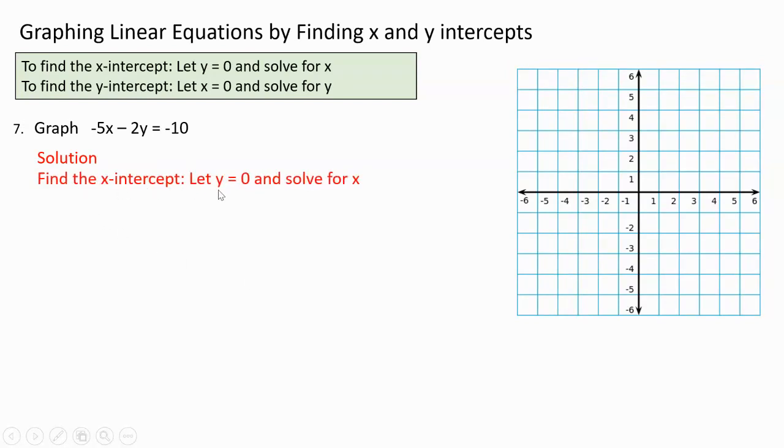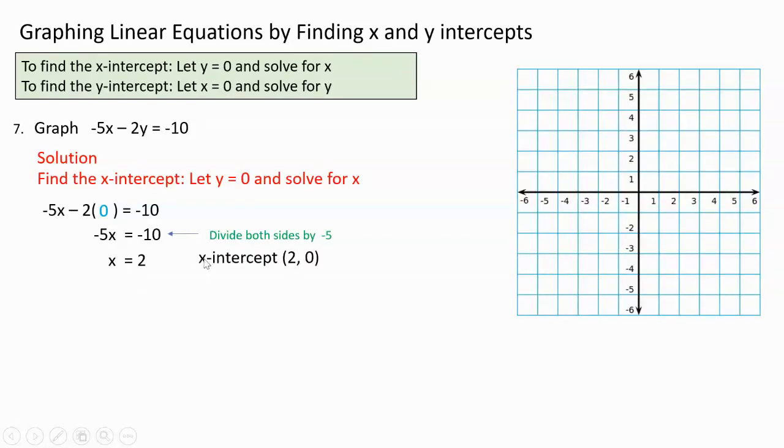To find the x-intercept, we let y equal 0 and solve for x. So we plug in 0 for y, which gives us -5x equals -10. We divide both sides by -5, so we get x equals 2. So the x-intercept will be (2, 0), and we plot it.